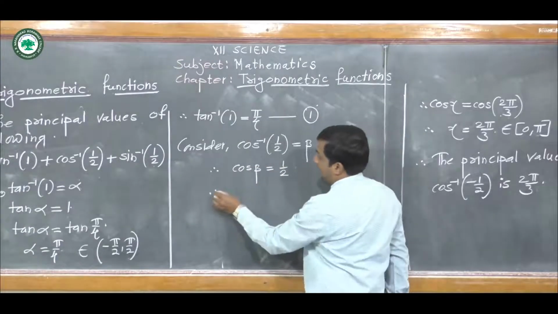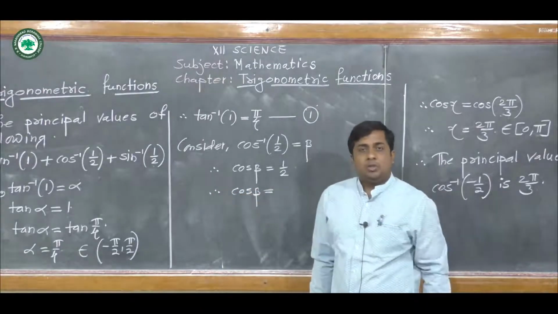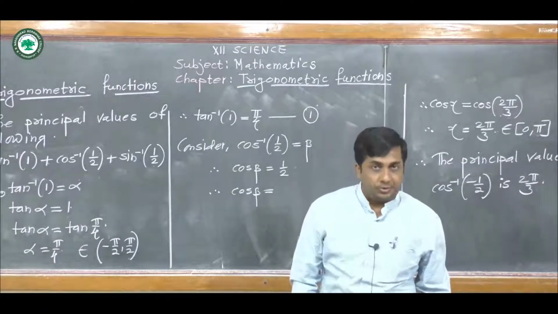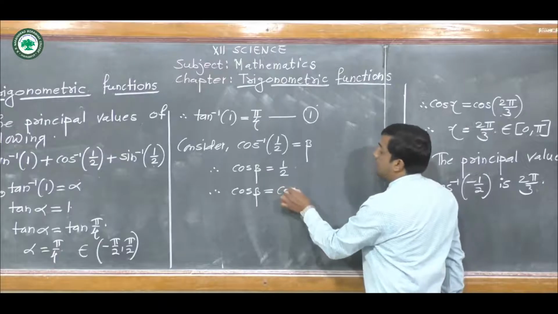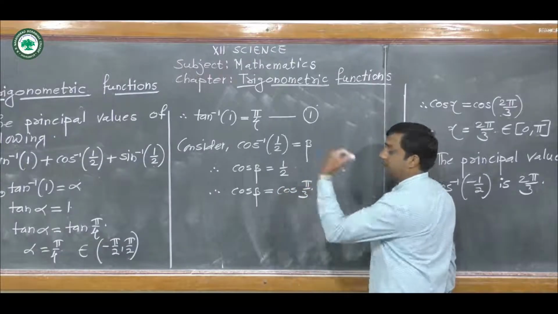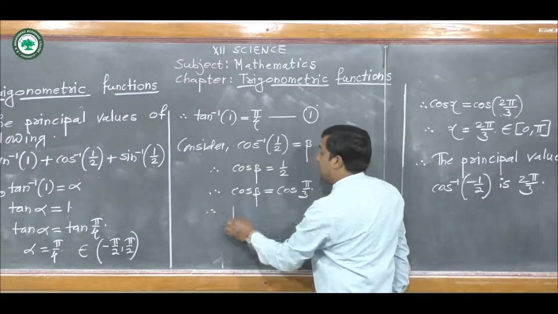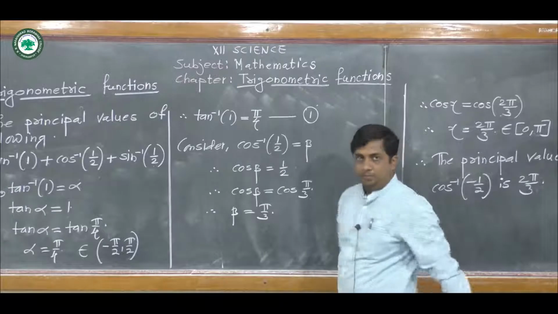Then cos beta is equal to, now we know here cos pi by 3 is 1 upon 2. So here cos pi by 3. Now comparing both the sides, here we get beta is equal to pi by 3.